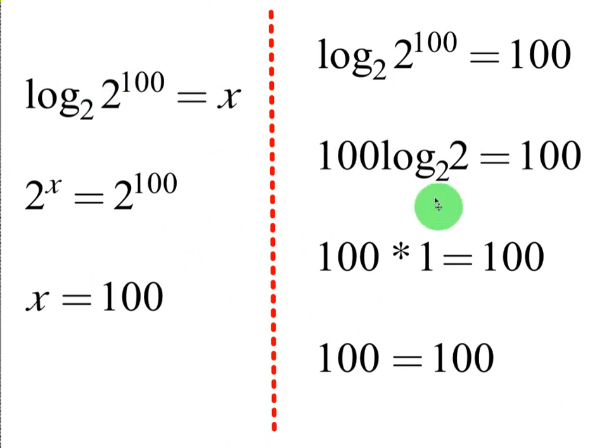What is log base 2 of 2? It's just 1, right? So instead of doing 2 to the 100, just evaluate the simpler log, which is 1, and then multiply by the original exponent. It's just 100. That's why it's nifty: you don't have to figure out some ridiculous exponent. You can just make the exponent the coefficient.